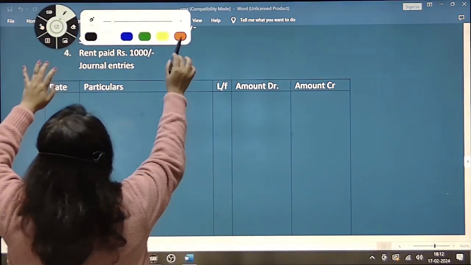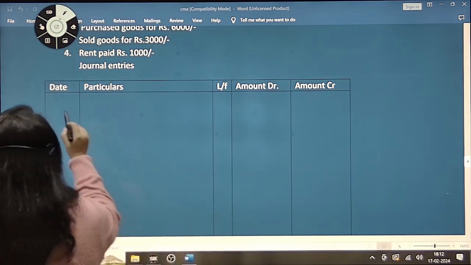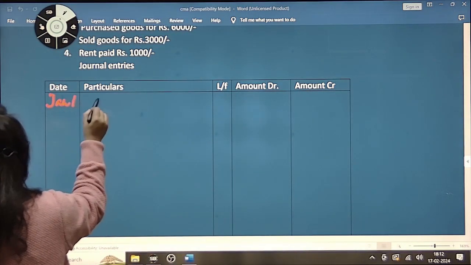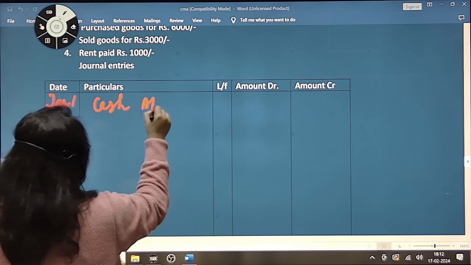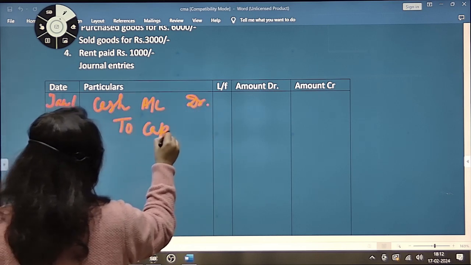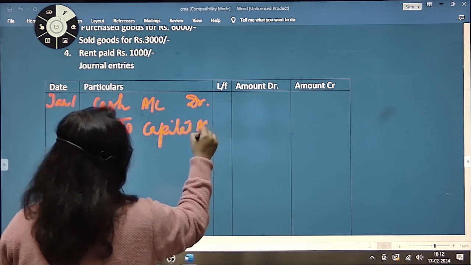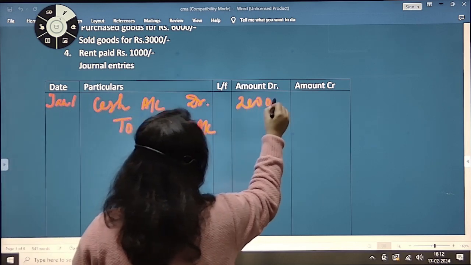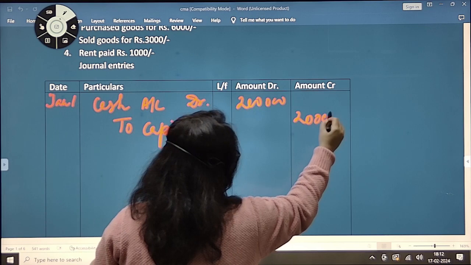Everything is erased now, so again I'll write. January 1, cash account debit to capital account. This is your 2 lakhs, and this is again 2 lakhs.